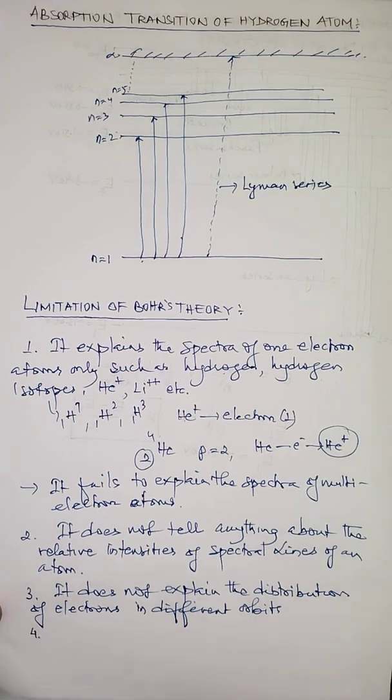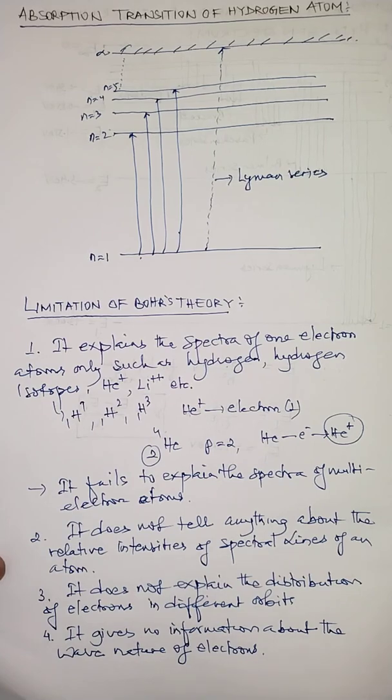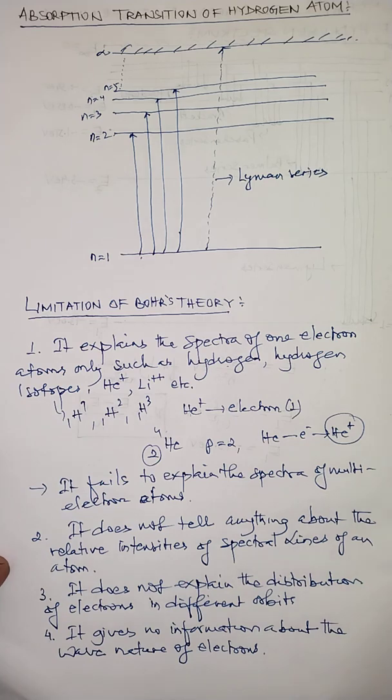Now, number 4, the last limitation of Bohr's theory: it gives no information about the wave nature of electrons. When Niels Bohr proposed his theory, he completely applied the particle nature of light, the quantum theory of light. However, light has wave nature also. We have already learned that light has dual nature, wave nature as well as particle nature. So this theory was made completely on the basis of the quantum theory of light, the particle nature of light, which means Bohr's theory has not given any information about the wave nature of electrons that causes the emission of radiation.